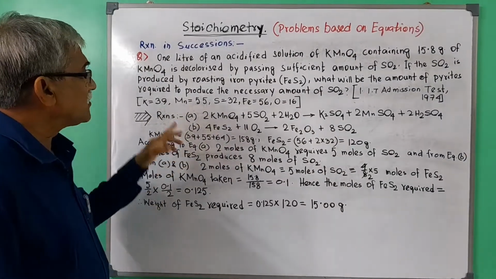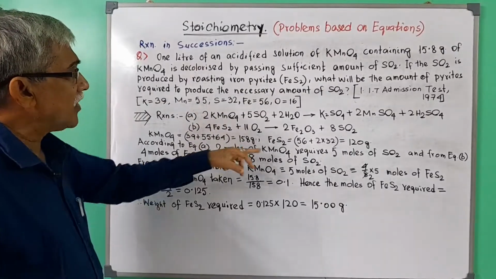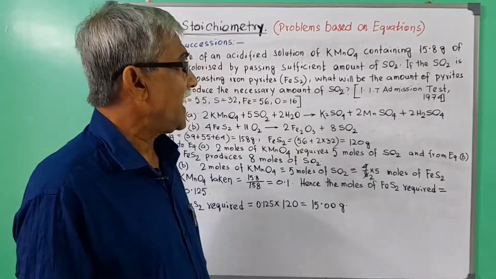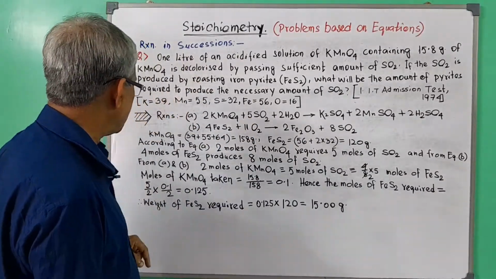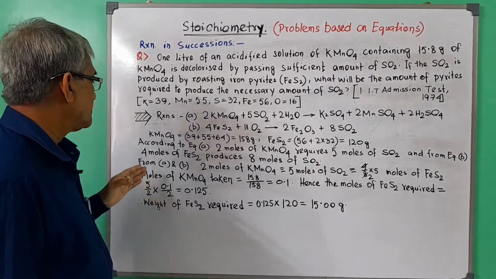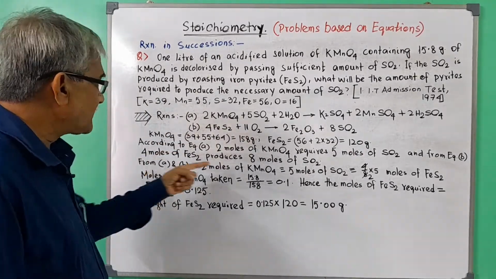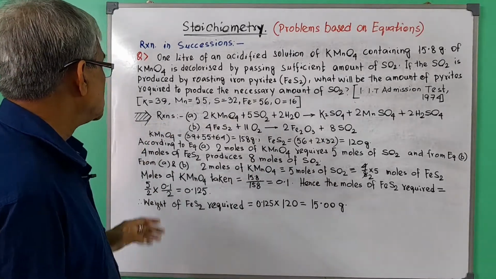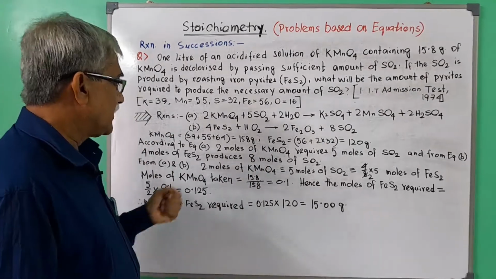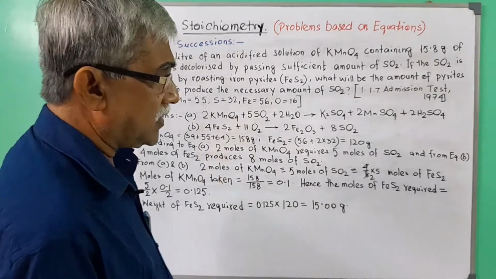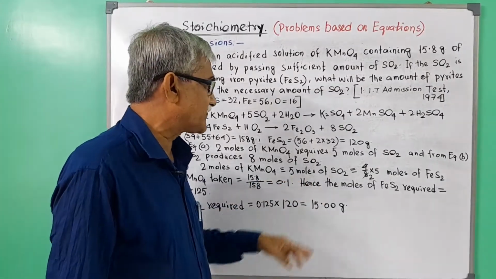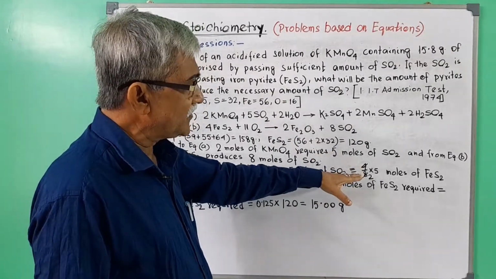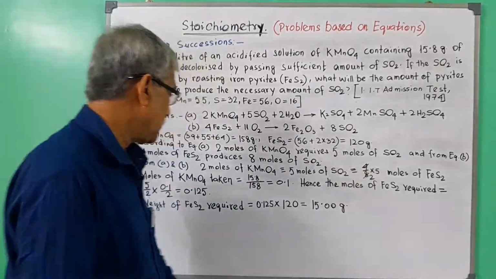Now according to equation A, 2 moles of KMnO4 require 5 moles of SO2, and from equation B, 4 moles of FeS2 pyrites produce 8 moles of sulfur dioxide. Now from these reactions A and B, we see that 2 moles of KMnO4 will be equivalent to 5 moles of sulfur dioxide and equivalent to 4 by 8 into 5, that is 5 by 2 moles of FeS2.